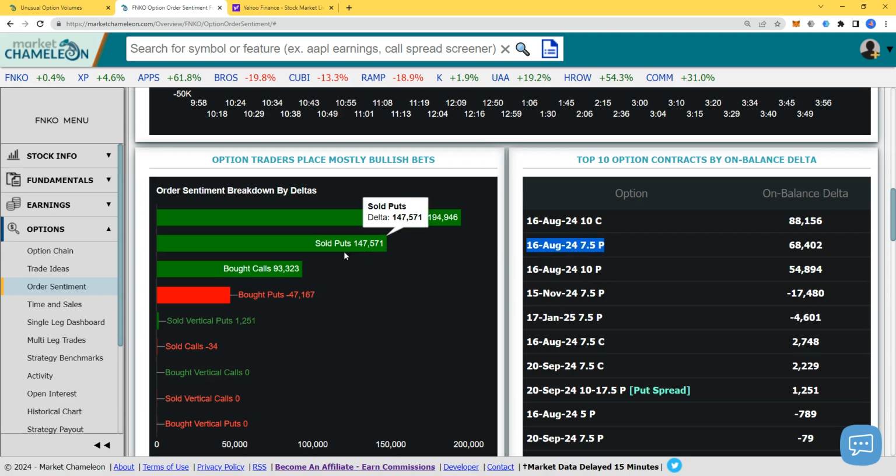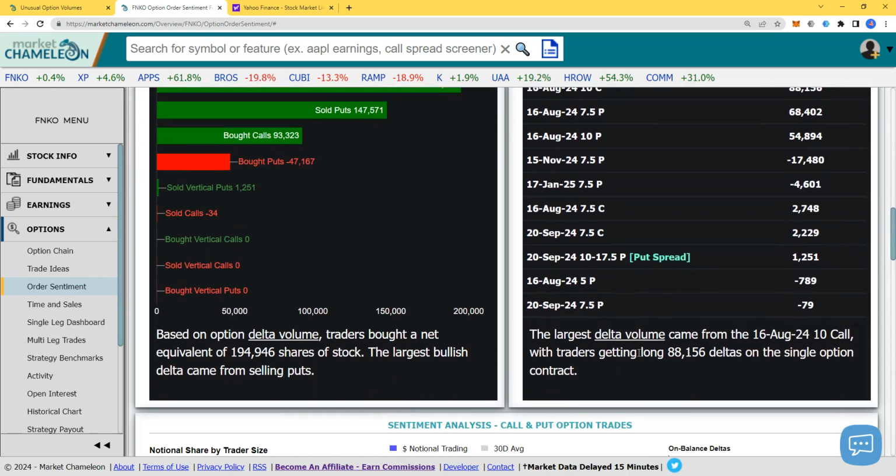And you see here sold puts 140, so like 70,000 from that. So they sold the 7.5 put, they collected the premium, and they assume that the price will not be below 7.5 and could be higher.